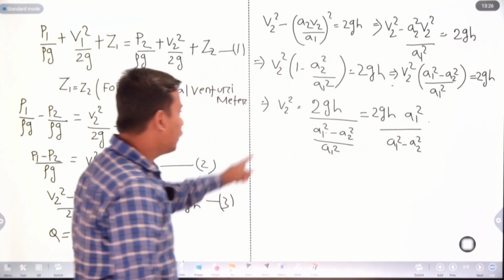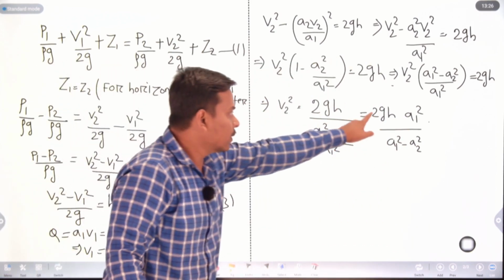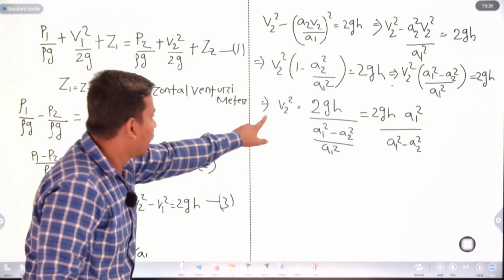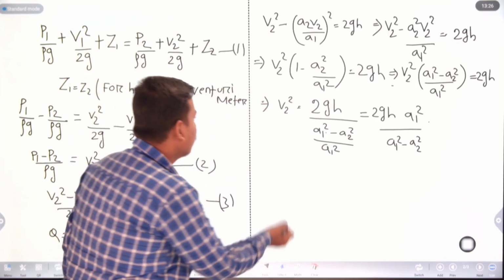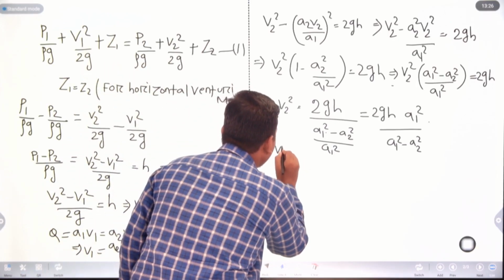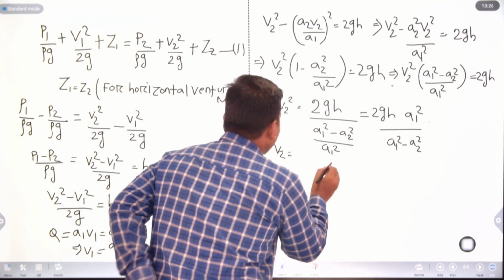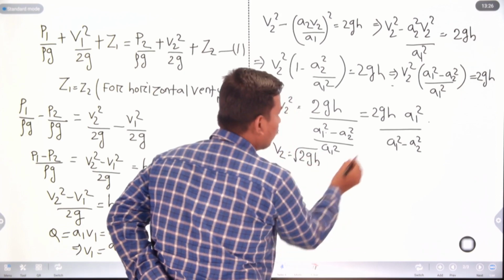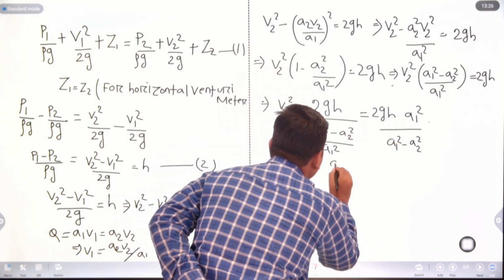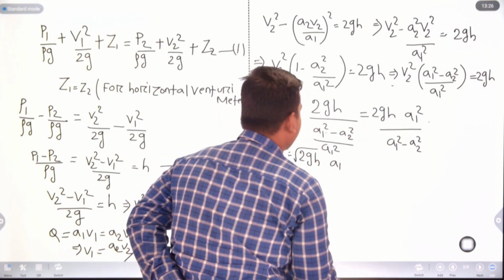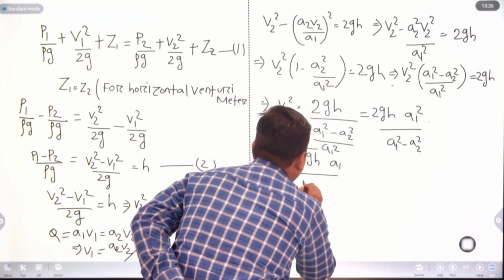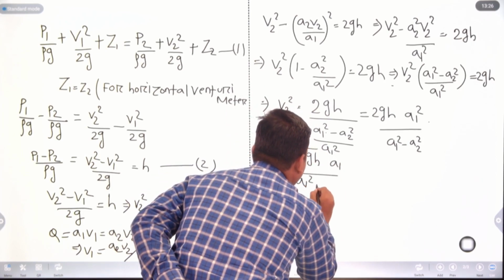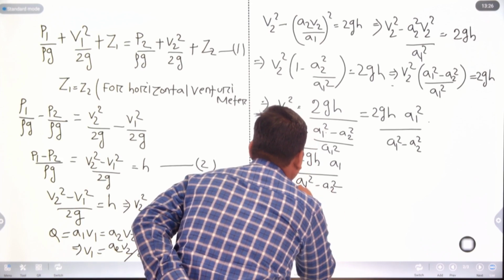Now we have the value of V2 square, and we have to find the value of V2. Taking root, V2 is equal to root over 2gh. Root over A1 square is A1. Now root over A1 square minus A2 square.